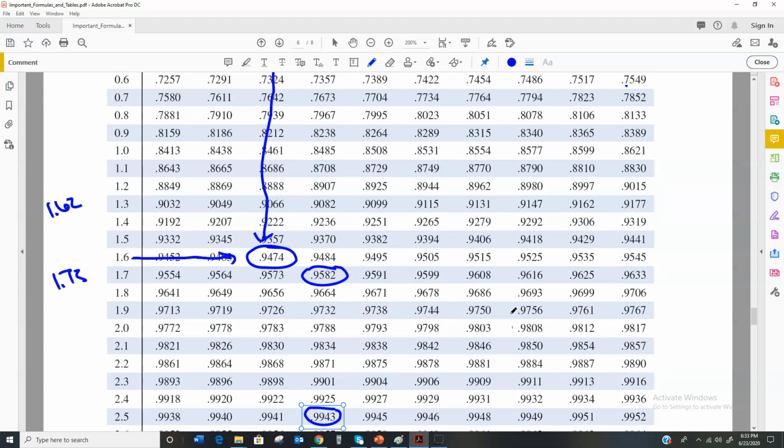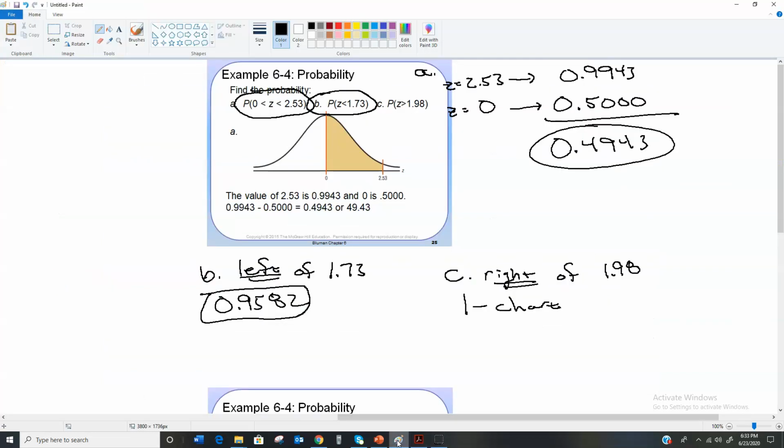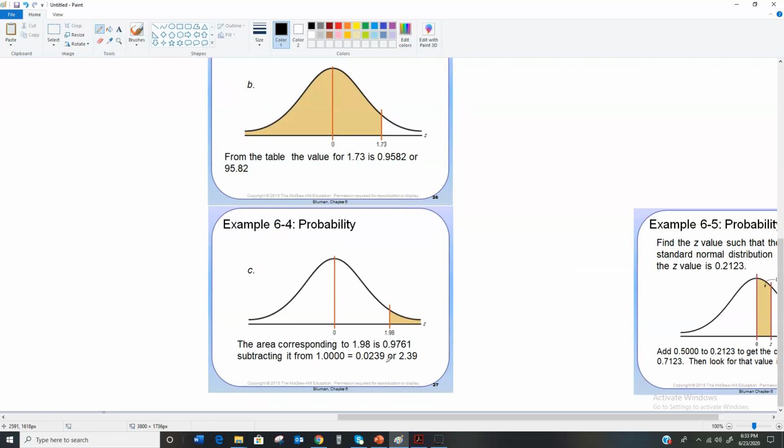This would be 1.99, so this would be 1.98. And so we have 9761. And so then our final answer, when we subtract, is 0.0239.